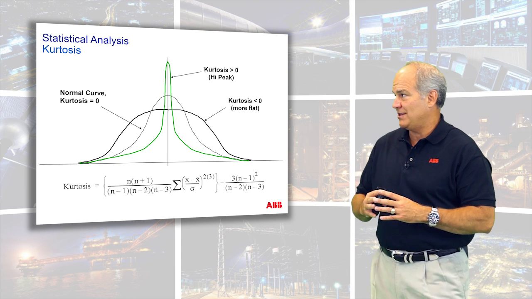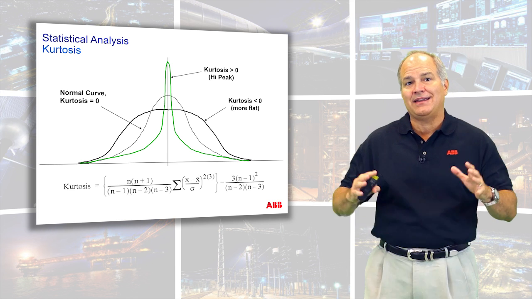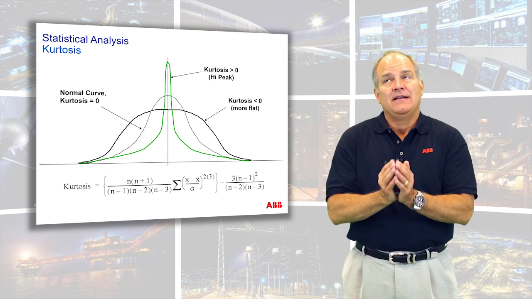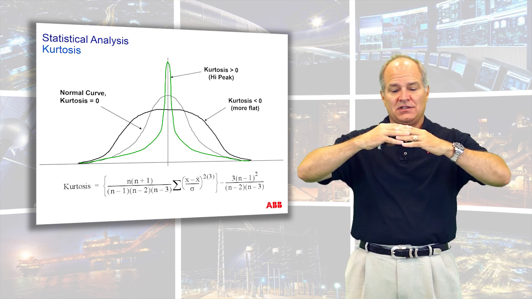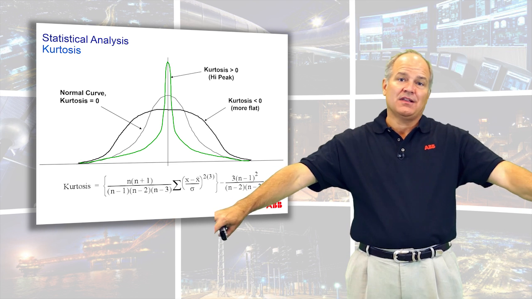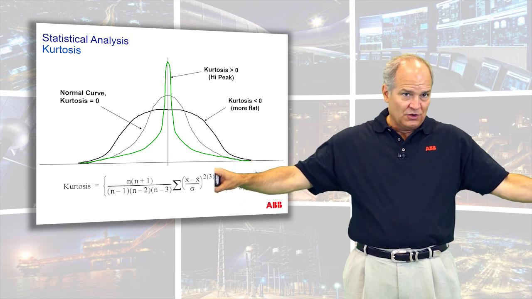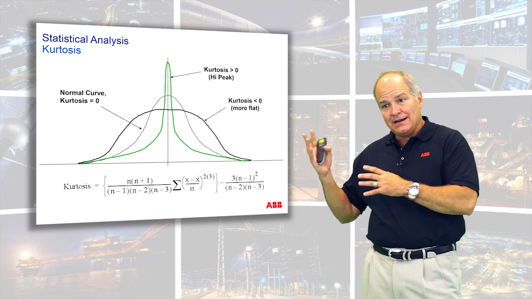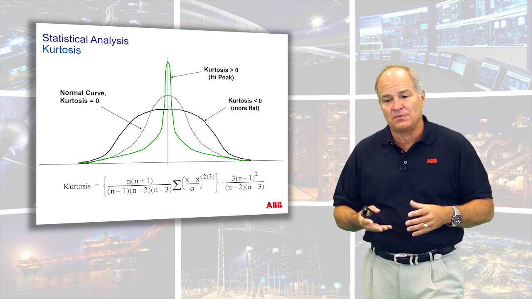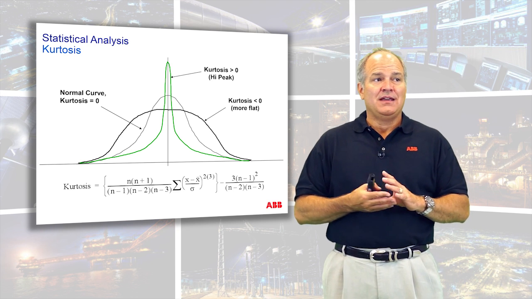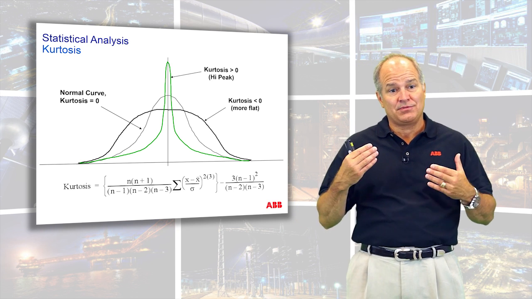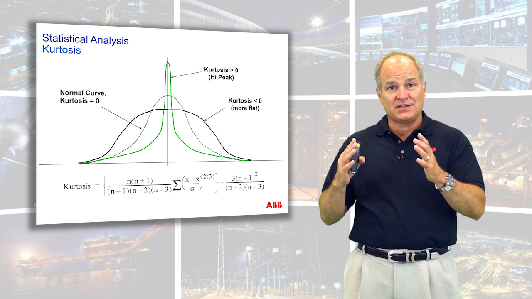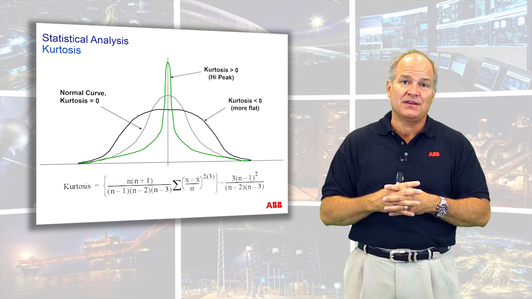If your kurtosis is large, that means you have an abnormally large amount of numbers right around the average. If your kurtosis is small, that means you have a lot of data at the lobes and not very much in the middle. I recommend that you calculate this if you're doing any kind of performance projections where you use the sigma and project reductions in variability, because the whole claim to fame of process control is that you can reduce the spread of the data.